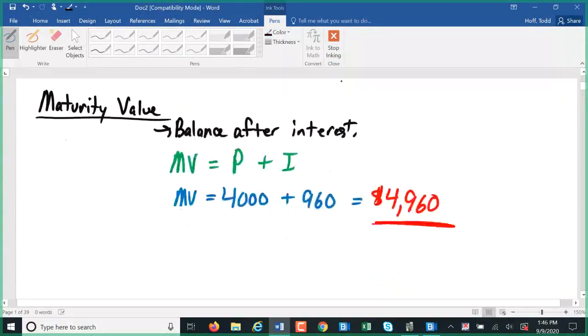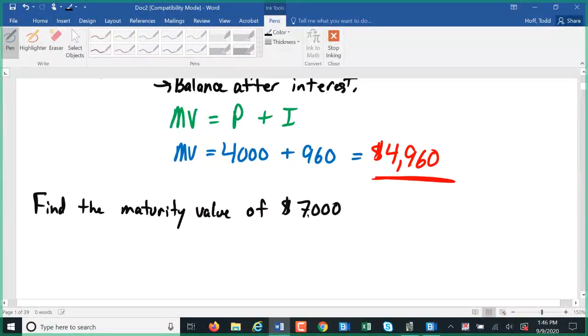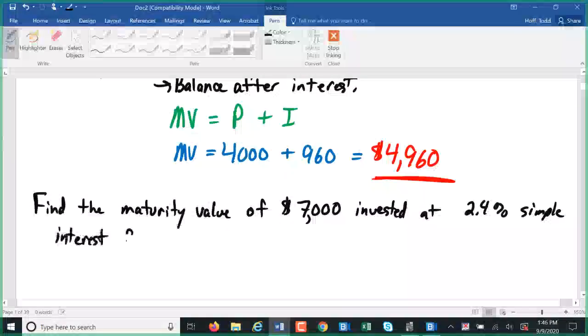Well, let's do a problem where we do this all together. Find the maturity value of $7,000 invested at 2.4% simple interest for 5 years.